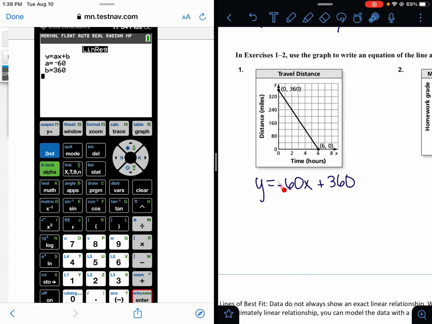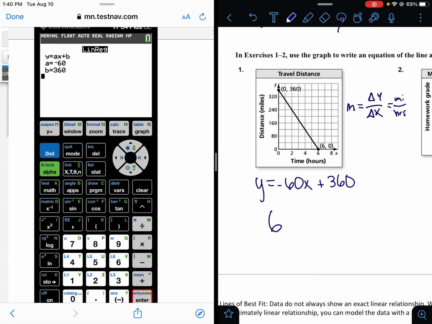So what we can see here is that since the distance has miles and hours, this could be miles per hour. Since slope, m, is your change in y over change in x, the change in y is miles and the change in x is hours, so you have miles per hour.